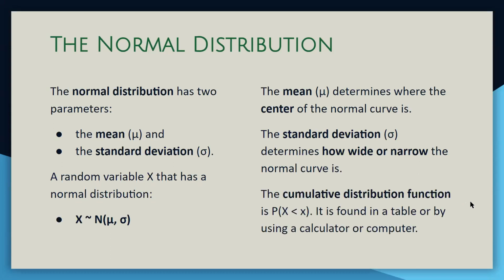The cumulative distribution function is P(X < x). And we find those probabilities for the normal distribution either by using a table or by using technology. And I'm assuming the most common methods in this class, you're using probably a TI of some sort or GeoGebra.